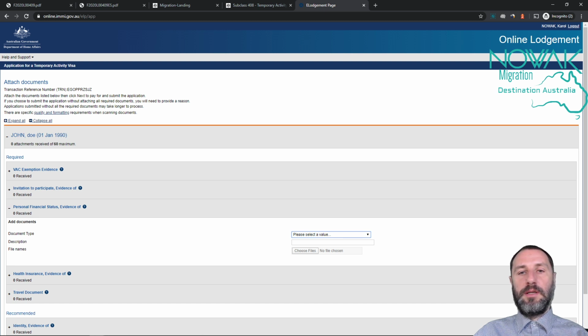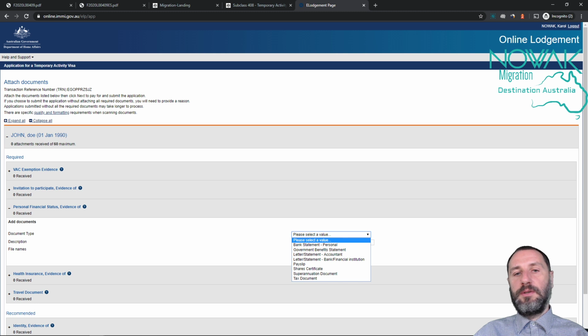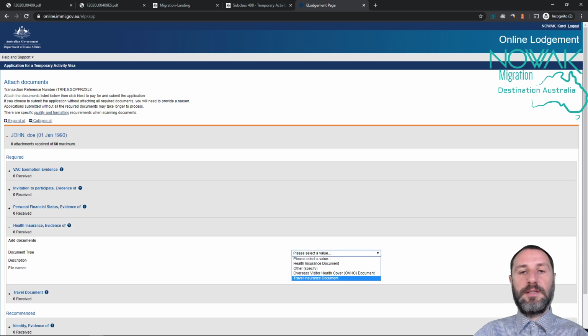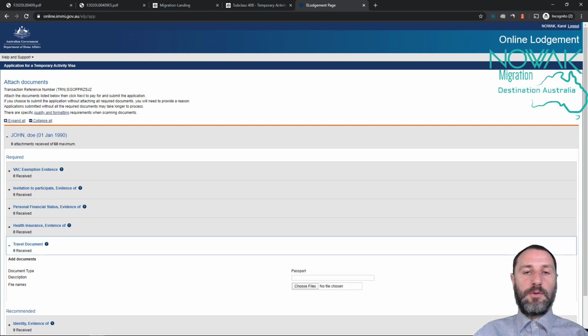If you don't really have the money over there, then a letter or statement from the employer, accountant, whatever, some sort of evidence that you will get paid. Health insurance, here it is, they're asking for the health insurance, OVHC, and travel document, your passport.